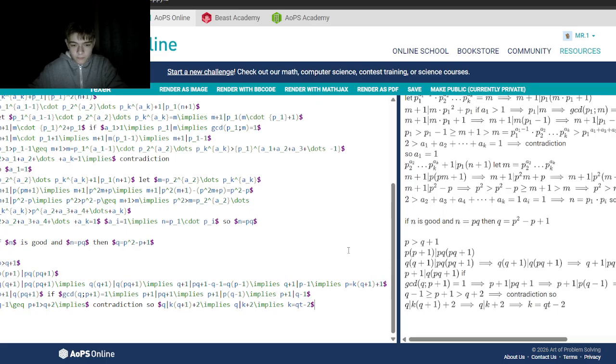Now let's put k into p, and we get p is equal to k times q plus 1 plus 1, which is equal to qt minus 2 times q plus 1 plus 1, which is equal to q squared t plus tq minus 2q minus 2 plus 1 minus 1.